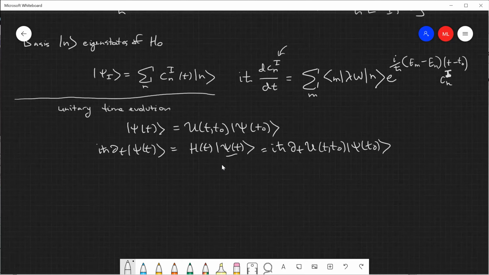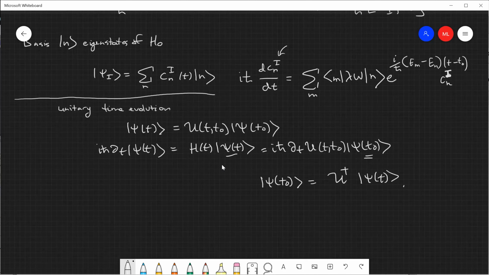We can, of course, undo the evolution of the state by applying the Hermitian conjugate of the unitary operation, because we know that taking the Hermitian conjugate will invert the time evolution. So we can write psi at t naught: we take the state at time t and just invert the time evolution back to time t naught.